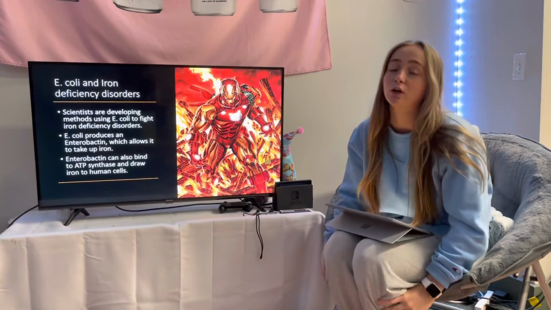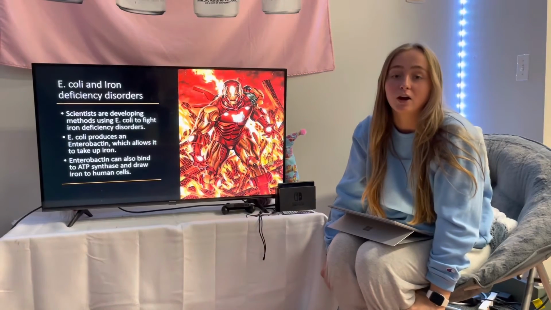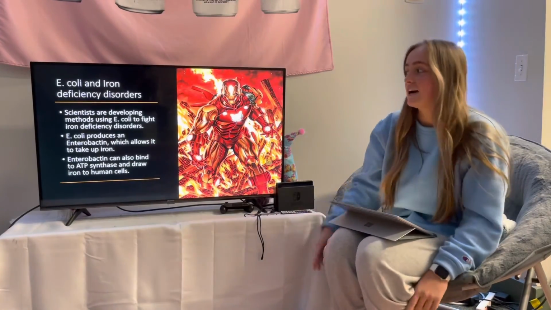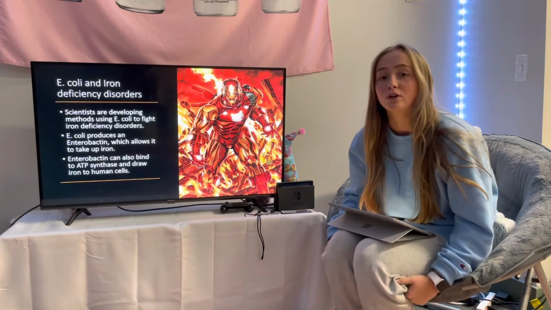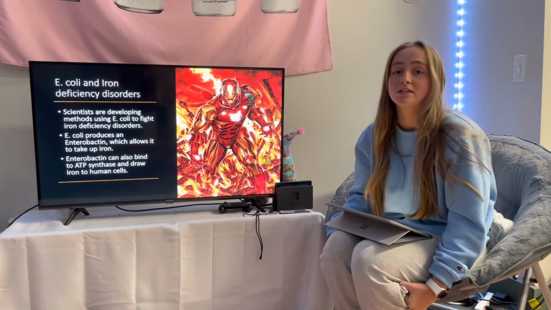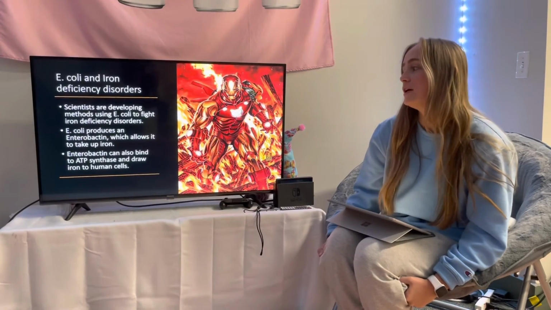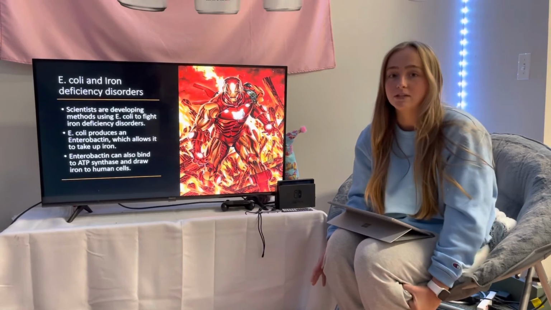Another benefit of E. coli that's currently developing is its association with iron deficiency disorders. So like I said, scientists are developing methods to use E. coli to fight iron deficiency disorders, which are nutrient deficiency disorders that are prominent in third world countries and cause anemia. E. coli produces an enterobactin, which allows it to take up iron.